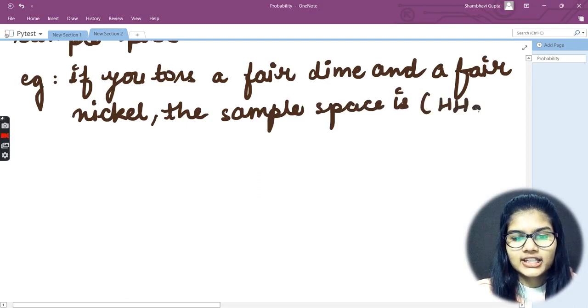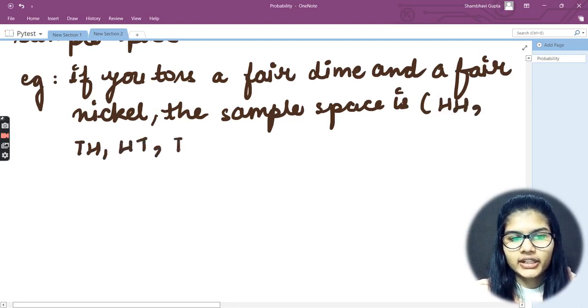That will be HH, HT, TH, TT. This is the sample space if you toss two coins simultaneously.